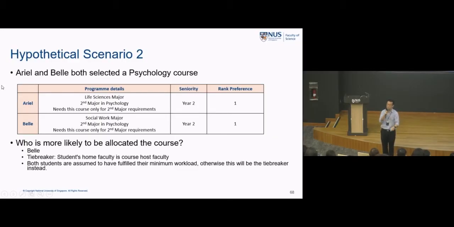Can you please do something about those super high demand ones? Maybe put them in a bigger LT, offer another similar course. It's very, very popular. And those very low demand ones, I can go and find out why nobody wants to take this course. Maybe the lecturer needs to do some work in terms of making the class more interesting and so on. And we will monitor these things.